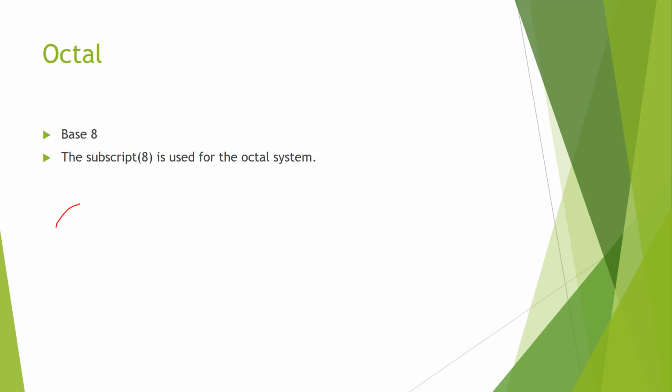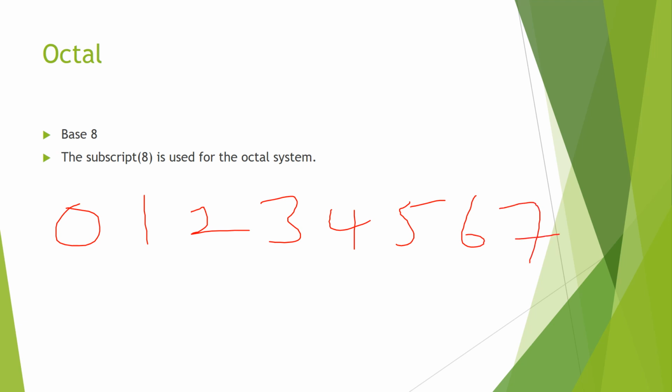So we have 0, 1, 2, 3, 4, 5, 6, 7, and that's all. They take a maximum of 0 to 7. So the subscript of this number system is 8.